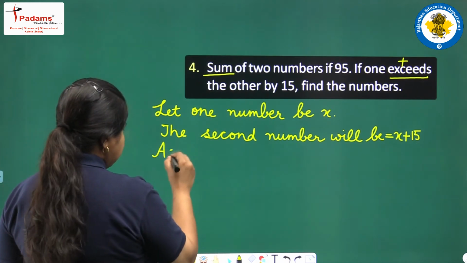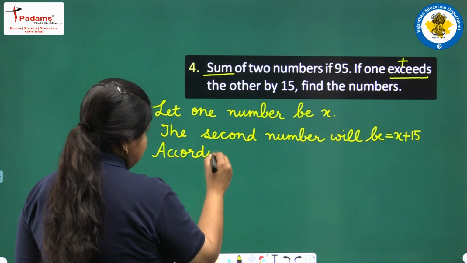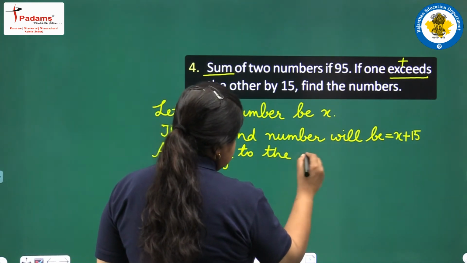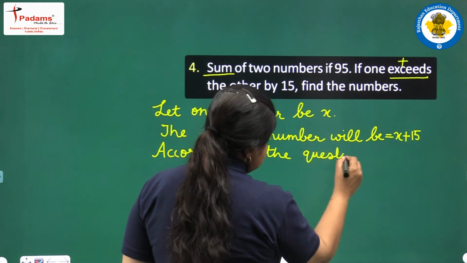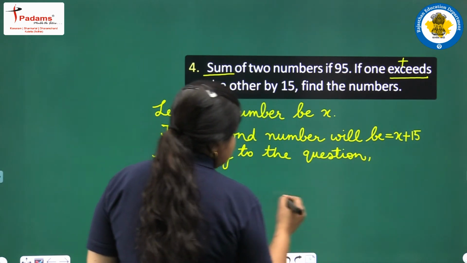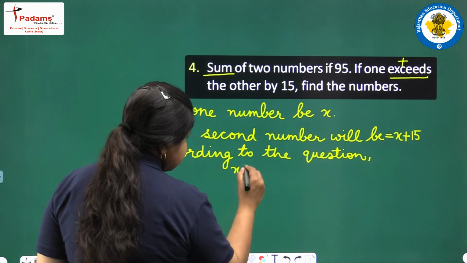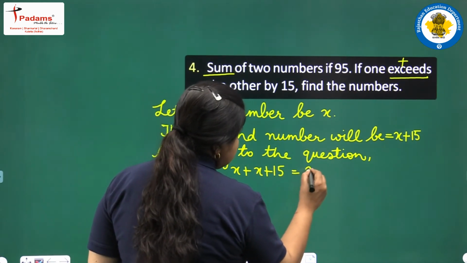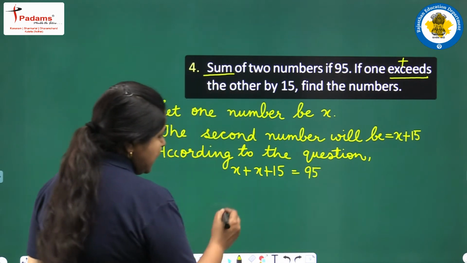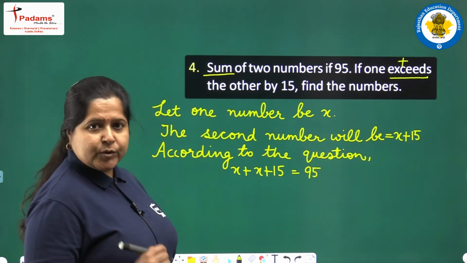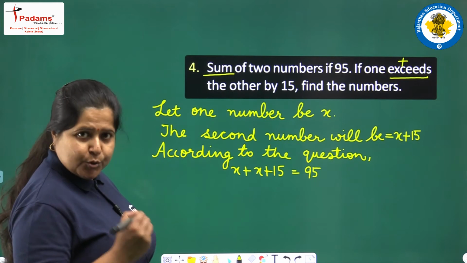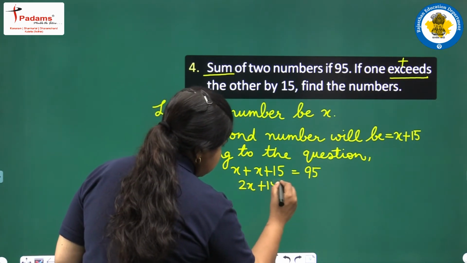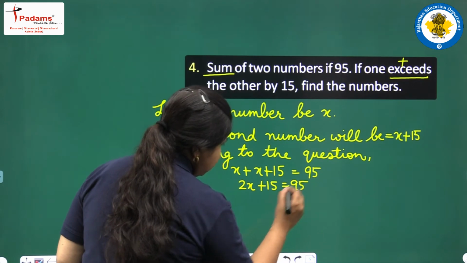So according to the question, add the two numbers, x plus x plus 15 is equal to 95. Again the x terms will be added together, x plus x gives 2x plus 15 equal to 95.